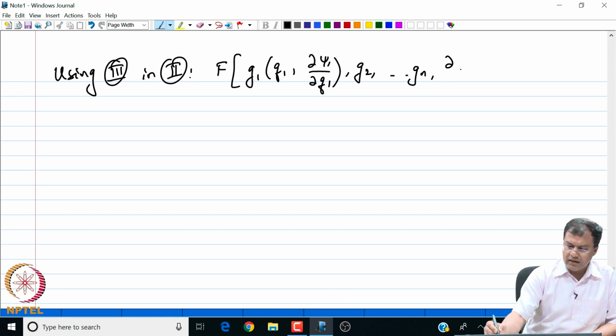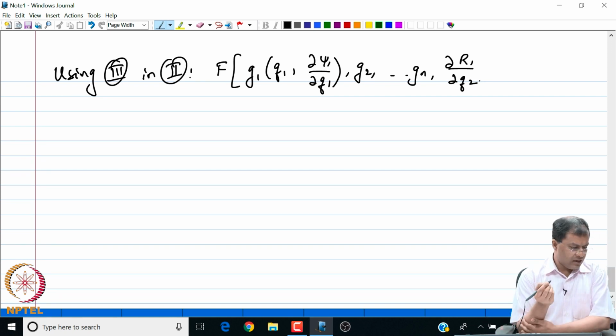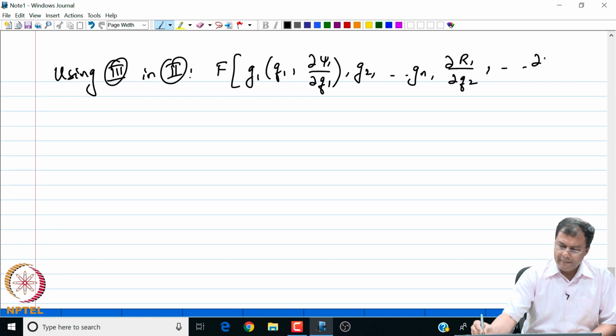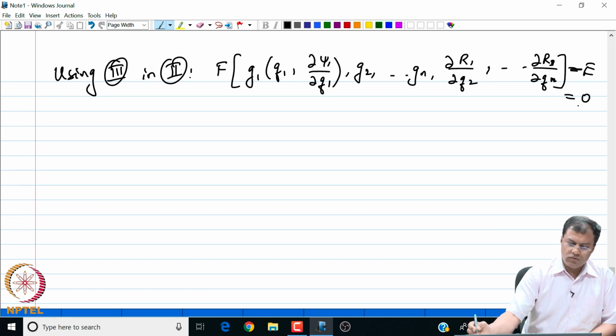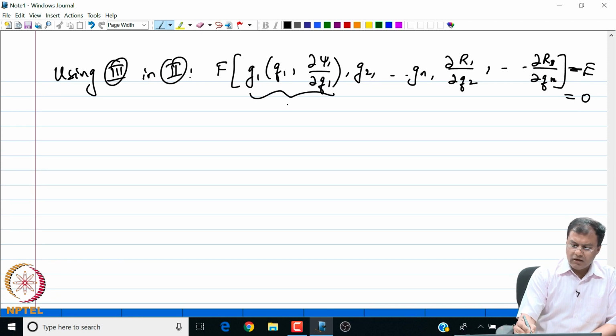Now, the other derivatives del psi del q2 can be simplified as del r1 del q2, because q2 to qn appear only in the function r1, which is the remainder function, del r1 del qn, right, and we see that this minus E is equal to 0, right. So, what have we got? Notice that g1 is a function of q1 only, right.